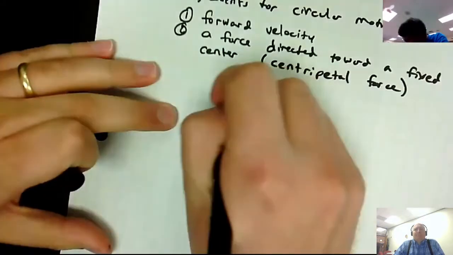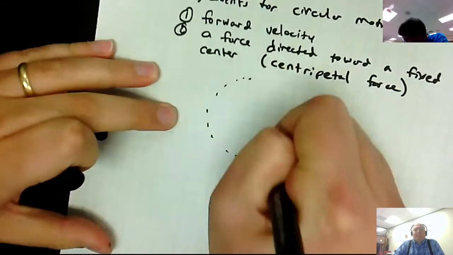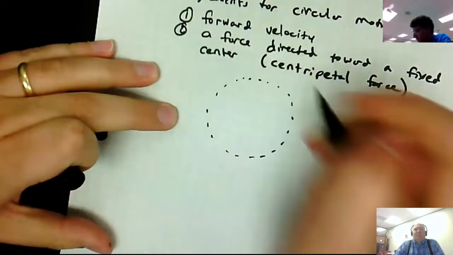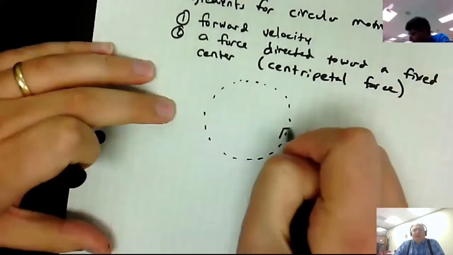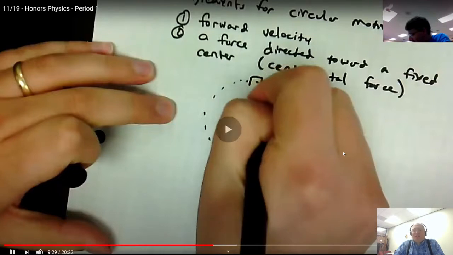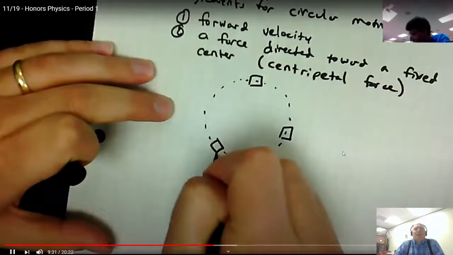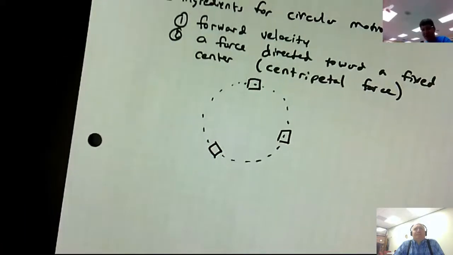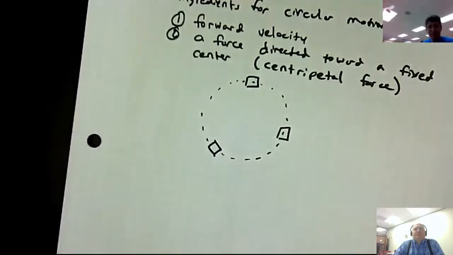What I want to do here is draw an object that's moving in a circle. So I'll just draw this object at three different locations. I learned from a math professor, draw the circle first, then the center later. Don't draw the center and then try to draw the circle. Very good lesson. Each time it is moving forward.